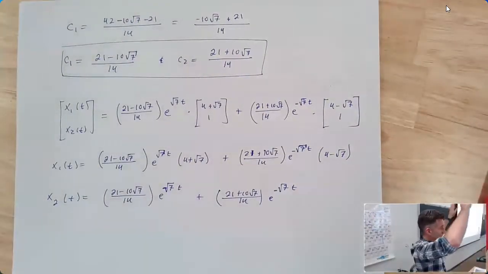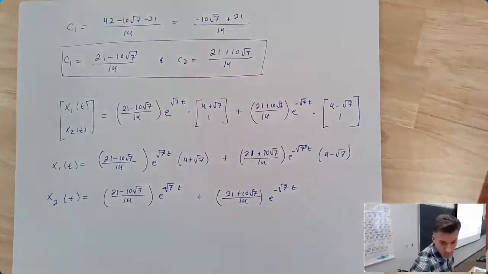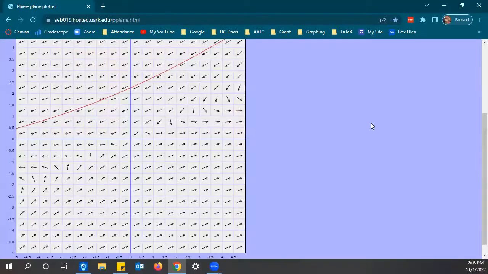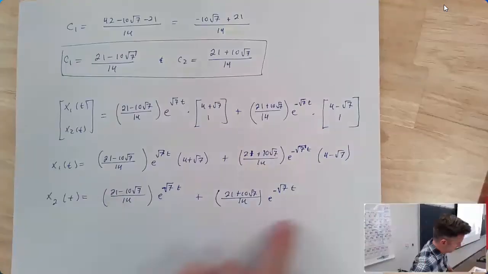Now, t isn't represented there. I should point out that for this particular solution, the point (2, 3) is at time equals 0. If you plugged in time equals 1, you would move further in this direction. I don't know exactly what point it would be, because plugging in t equal to 1 into this equation would be super gross.